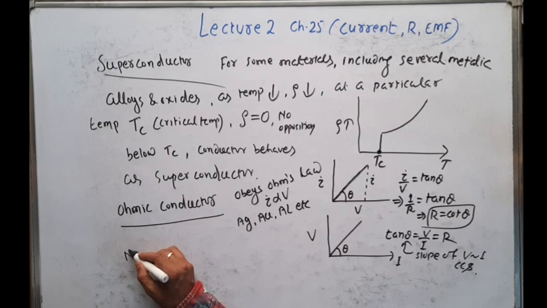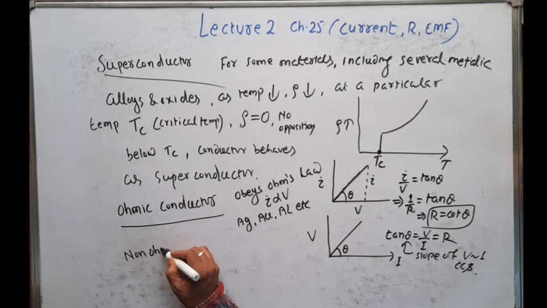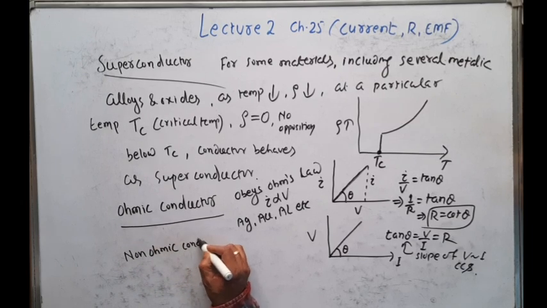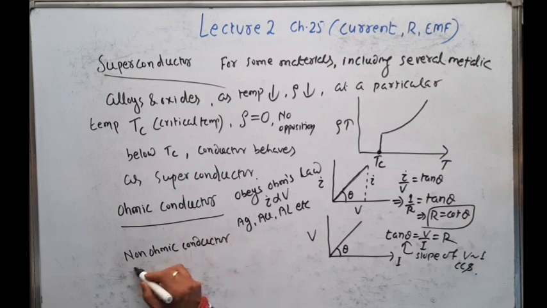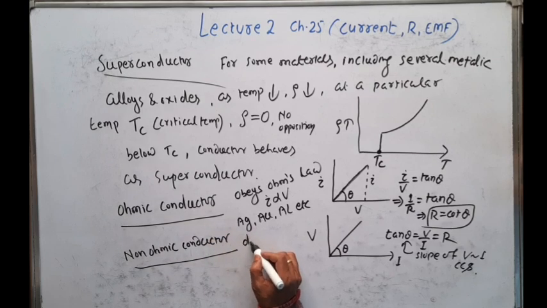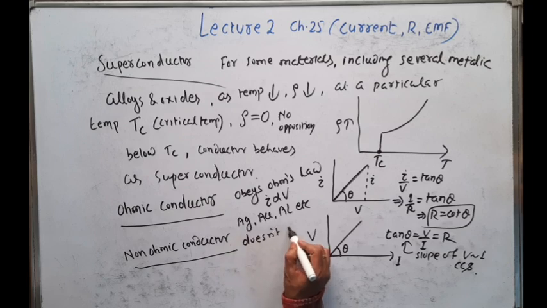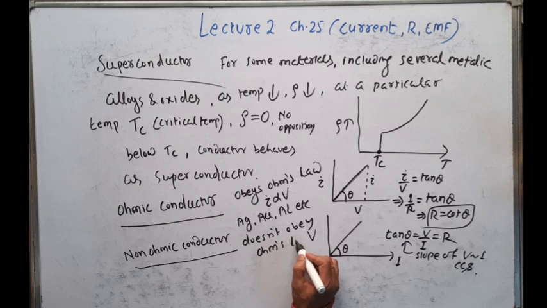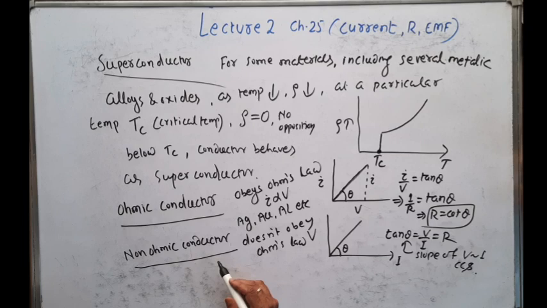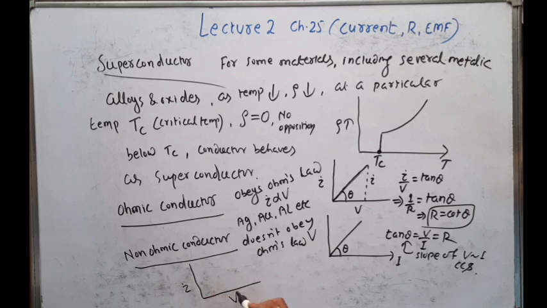Then what is a non-ohmic conductor? The conductor which does not obey Ohm's law, that is, I is not directly proportional to V. That type of conductor is called a non-ohmic conductor. So if you draw the current versus voltage graph, it is not a straight line, rather it is a curve like this.